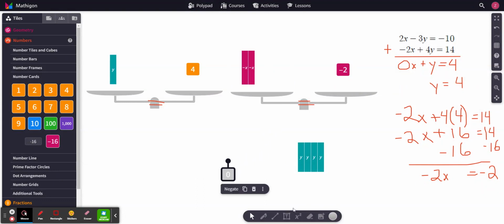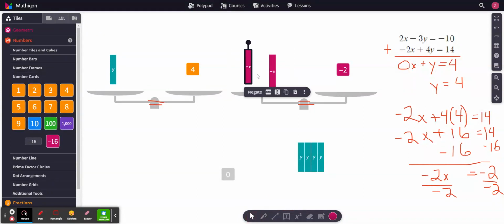And now this is multiplication by negative 2. So I'm going to undo it by dividing by negative 2. I'm going to split these up. I want to turn these so it looks a little bit nicer.